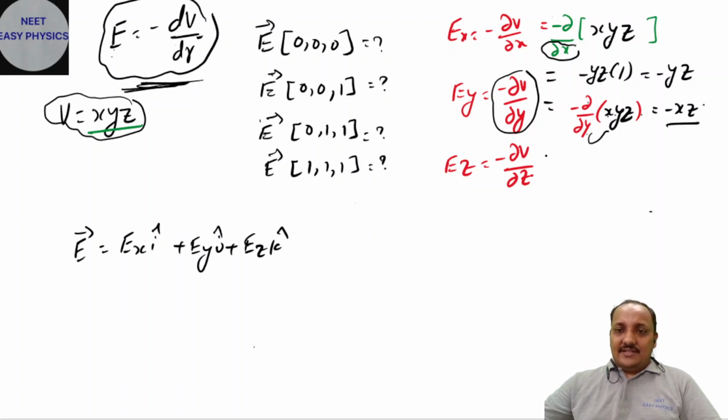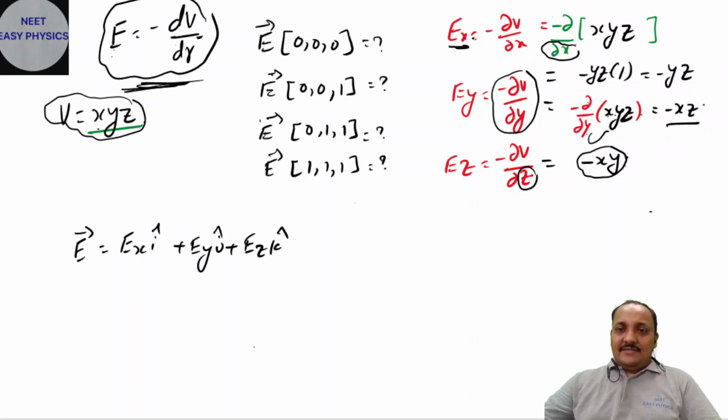Therefore minus xz. With that logic, directly you can say the answer for z, because we are differentiating with respect to z. What will you get? Minus xy. Just with our common sense we wrote this last one, because this is xyz. If squares are there, it will be different, and at that time you should do the full differentiation.